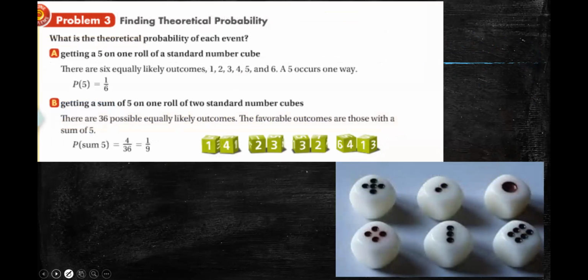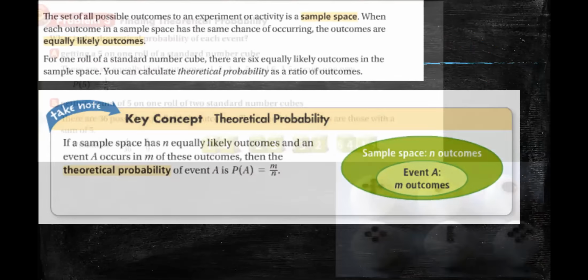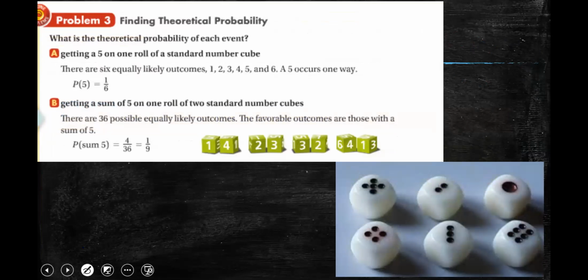Now, finding a theoretical probability. What is the theoretical probability of each event? Here, as you see in this picture, we have a dice, or a 6 cube, or number cube. And as you see here, we have 1, 2, 3, 4, 5, 6 points on the faces.